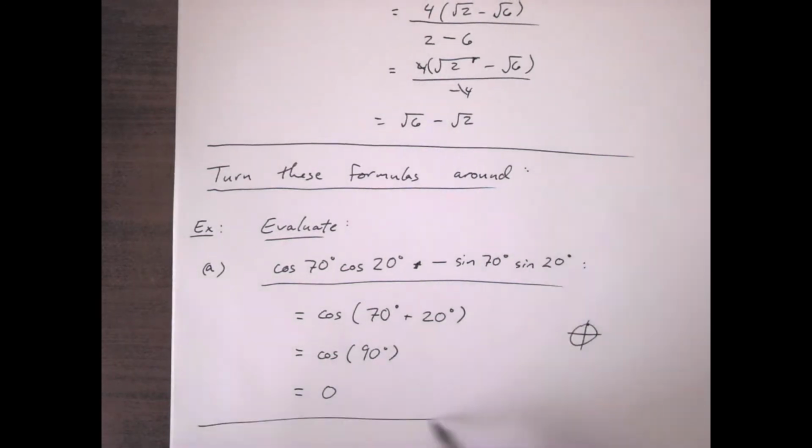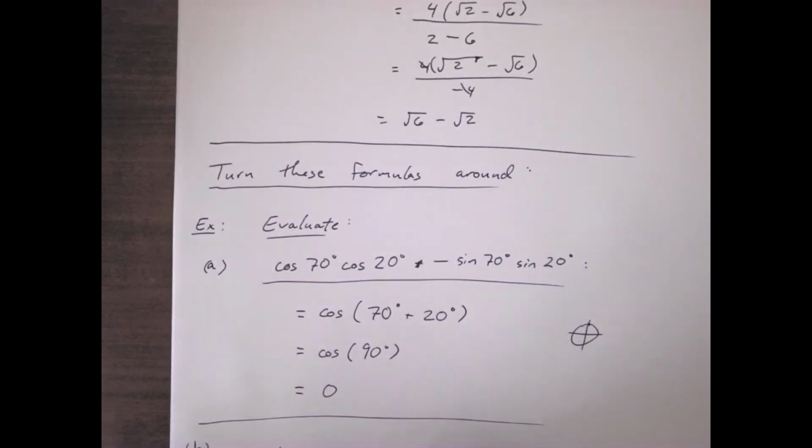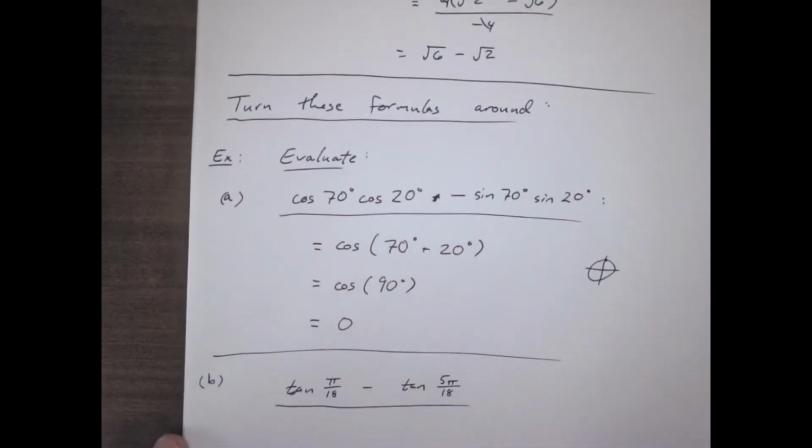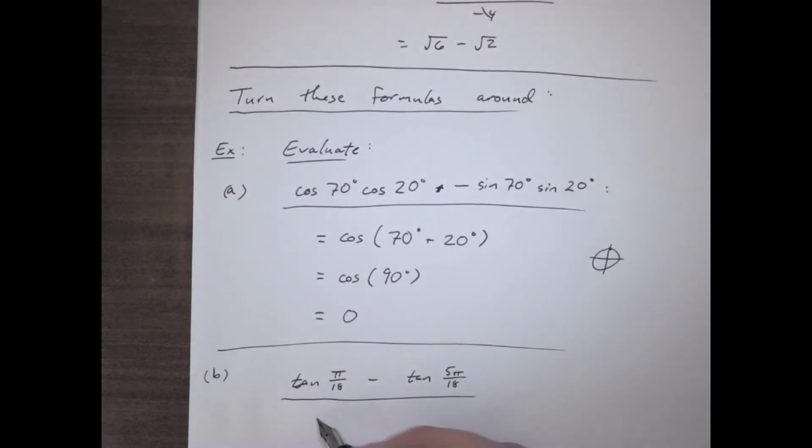Another example might be something like the tangent of pi over 18 minus the tangent of 5 pi over 18, divided by, and then down here we're going to have 1 plus tangent pi over 18 tangent 5 pi over 18.